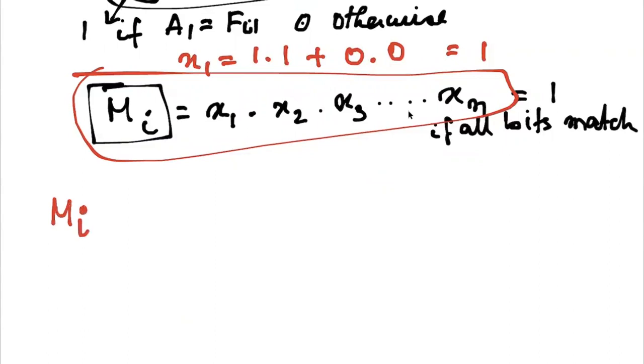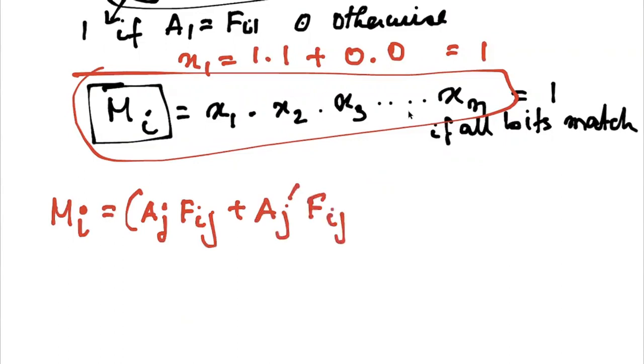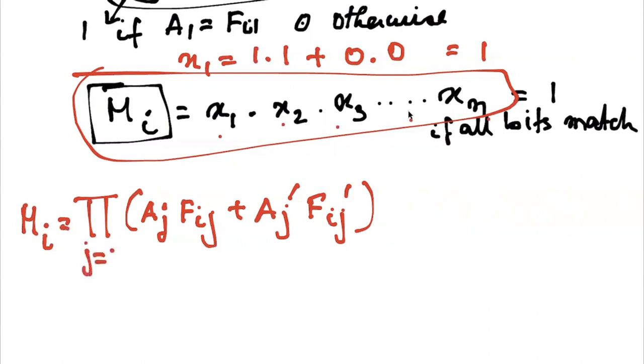So I can write it now like this. Mi is equal to aj fij, or aj dash fij dash. That is the product of all of this. Sorry, I'll have to move this a little bit. So mi is equal to the product of all of this, for j going from 1 to n. So I can write it like this.